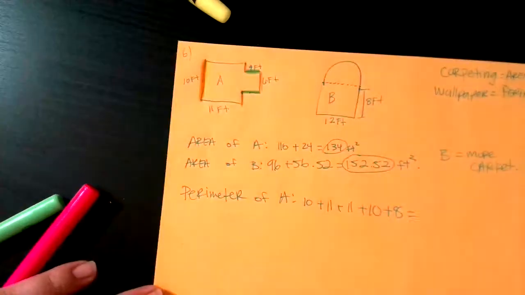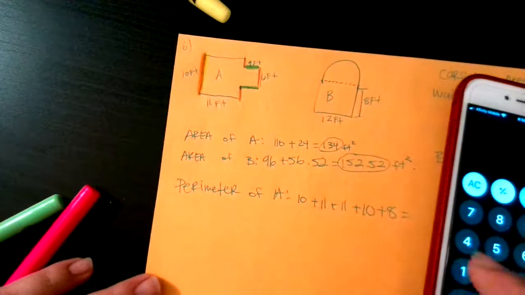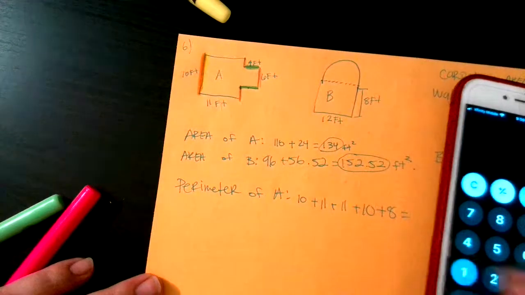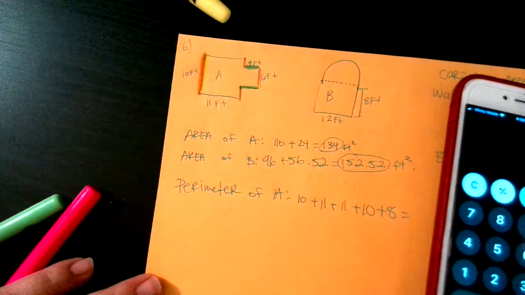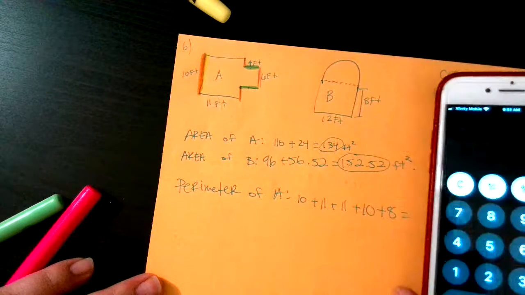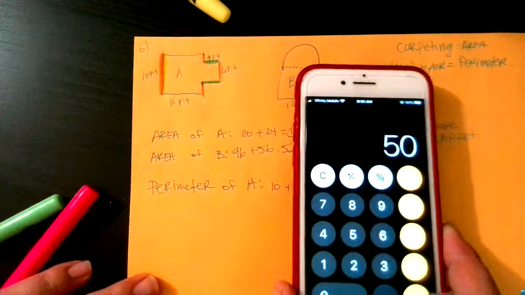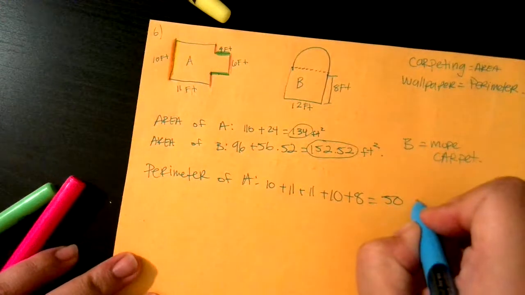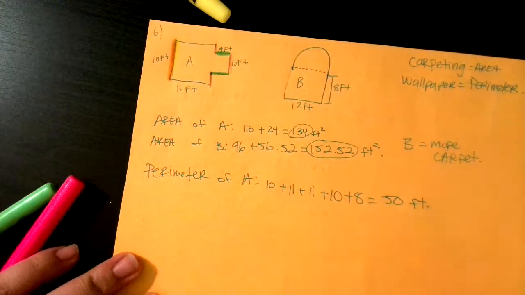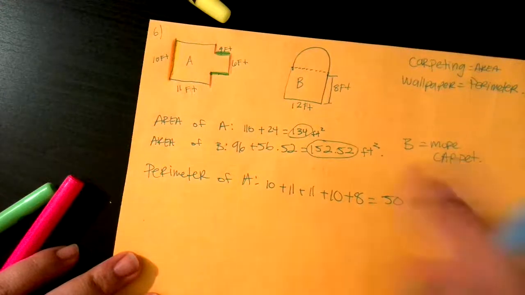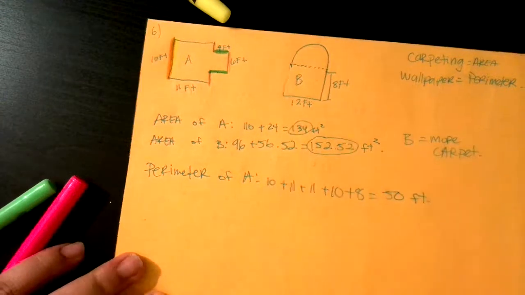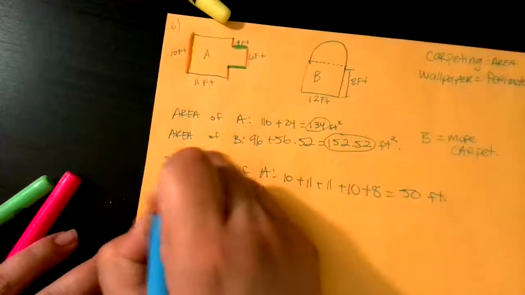So if I add all of that together, I've got 10 plus 11 plus 11 plus 10 plus 8. That's 50 feet. When it's perimeter, it's just your units, feet. When it's area, you've got to do feet squared.